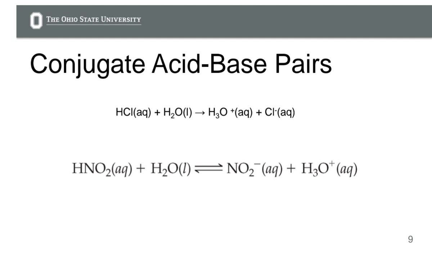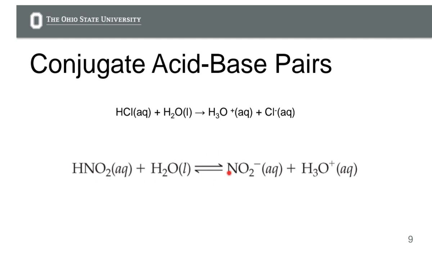Let's look at these two examples. One more thing before I point that out. You'll notice I have two different arrows here for these two reactions. I have HCl with a single arrow going towards the product side, and then I have HNO2 in equilibrium with its conjugate.